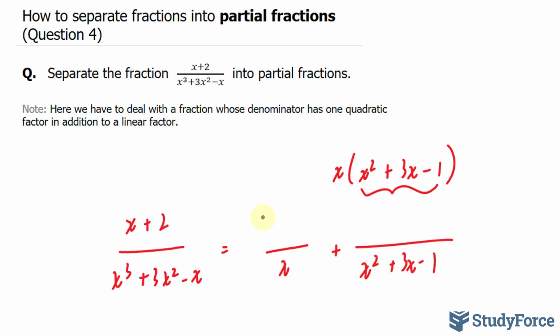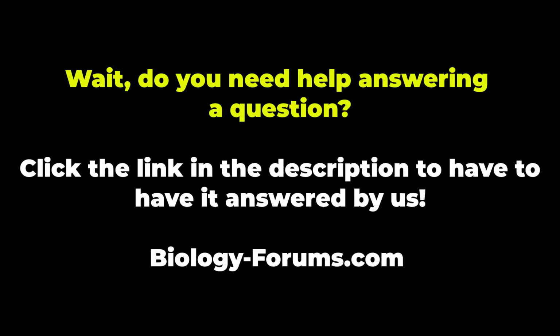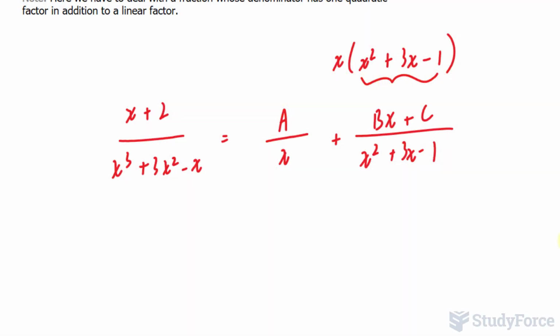I'll introduce an unknown letter that will represent my numerator, a. Unlike before where I would put b, I have to write down bx plus c. And you will actually do this whenever you have a quadratic factor. So let's go ahead and find out what a, b, and c is equal to.